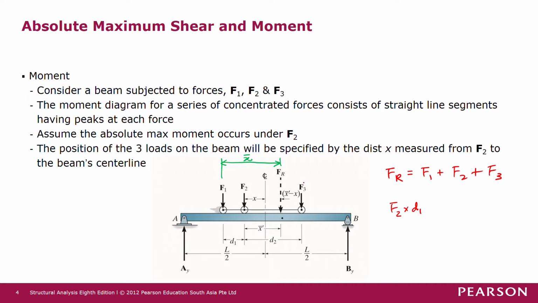And then we have F3, and the distance of F3 to this point is D1 plus D2, so we have F3 times D1 plus D2. There are no other forces causing moment.